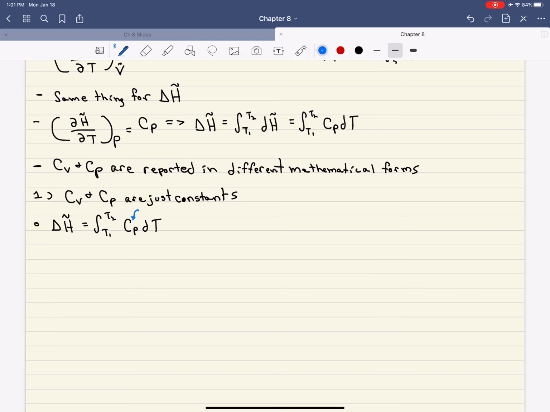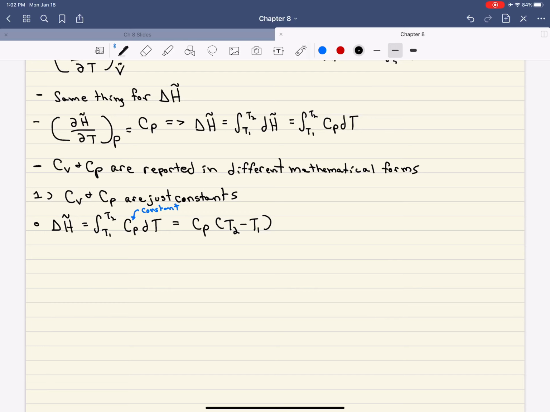But if Cp is a constant, then we can just take that outside the integral, and all we have to do is integrate dT. That would just give us T2 minus T1. A very simple answer.